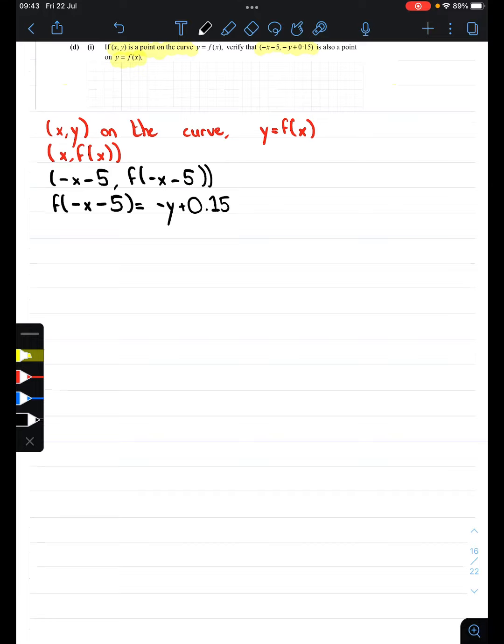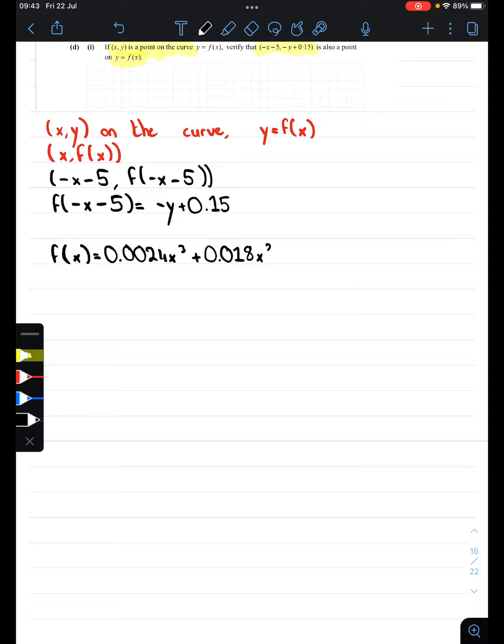Okay, well, what is y? Well, y is f(x), and we know that f(x) is 0.0024x cubed plus 0.018x squared. Alright, so that's what y is.